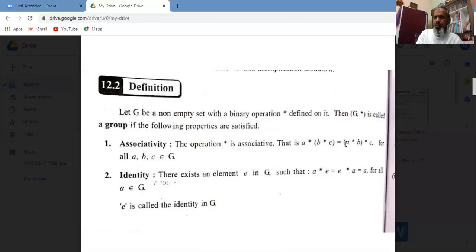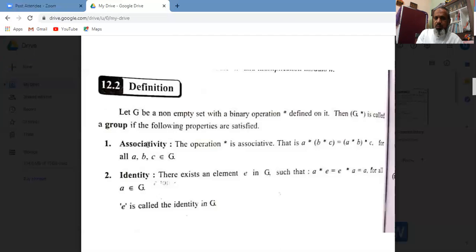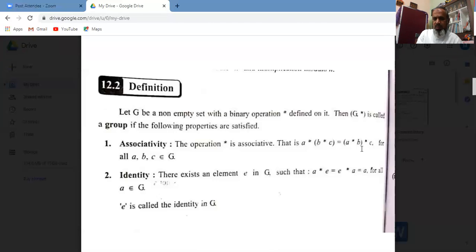Here the bracket is for A and B, and here the bracket is for B and C. With respect to addition, the property is (A plus B) plus C is equal to A plus (B plus C). With respect to multiplication, the associative property is (A into B) into C is equal to A into (B into C). So this is the property with respect to the given operation star, and this is called the associative property. The left side and right side answers must be equal.